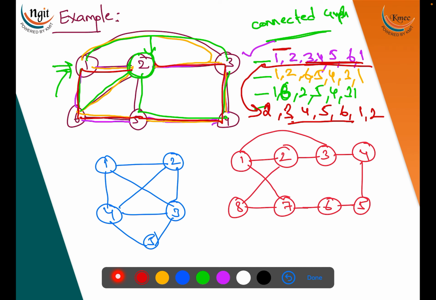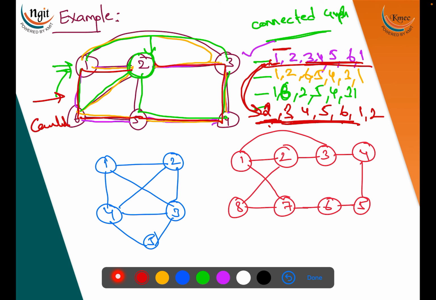So you cannot treat this as a different Hamiltonian cycle. You cannot include it in the count. Though you change the starting vertex, the path is the same, the visiting order of the vertices is the same. Hence it is the same as your first path. So finally this graph will help you generate Hamiltonian cycles. And why is it generating Hamiltonian cycles? Because it is a connected graph.